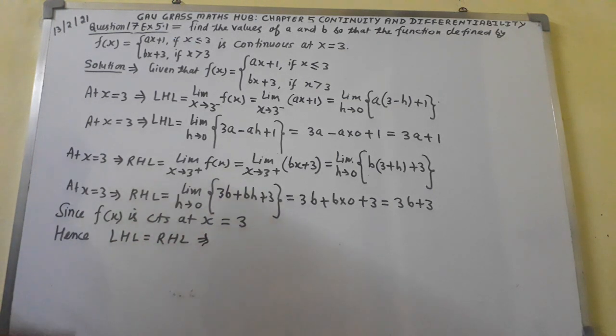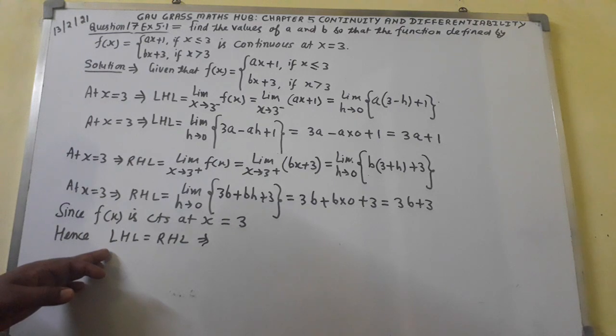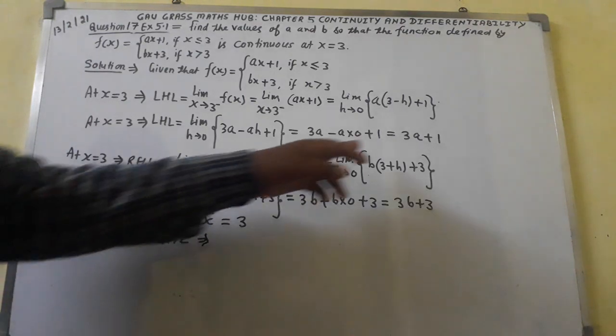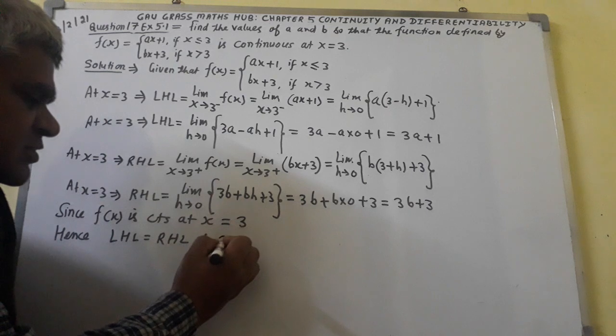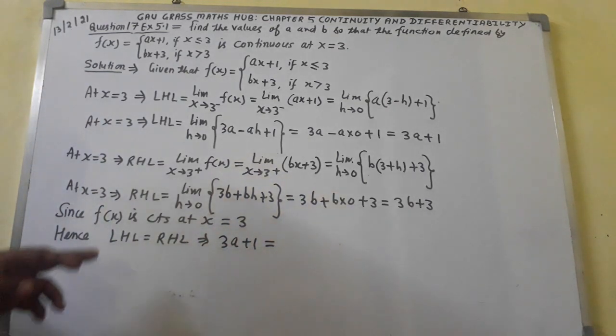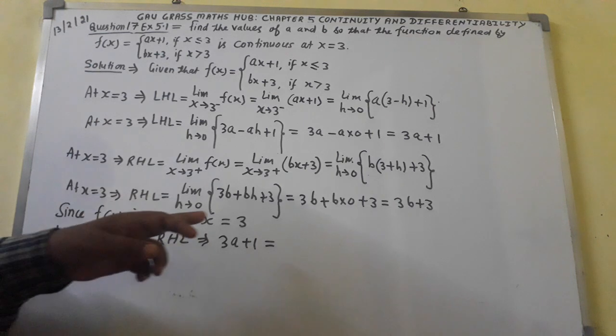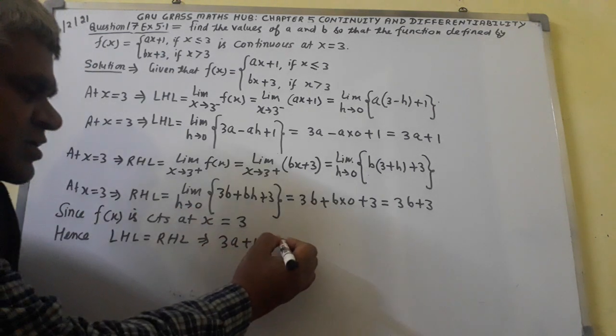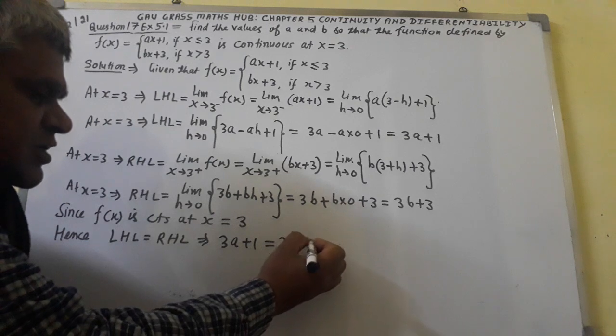So write 3a plus 1 is equal to 3b plus 3.